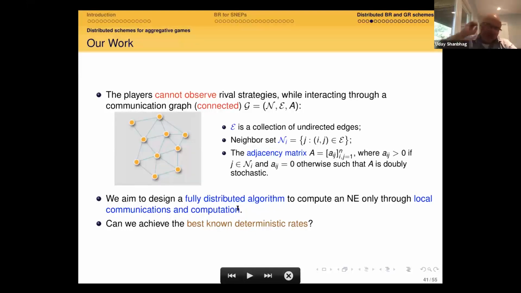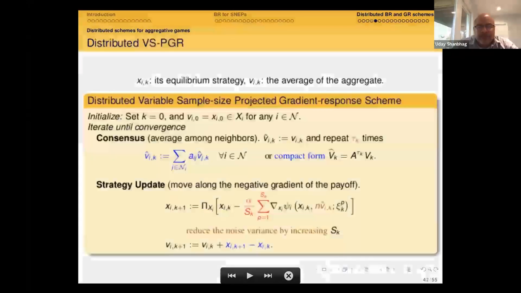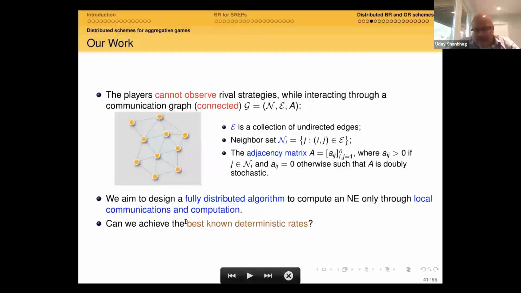If you remember in Lacra's presentation, she talked about how certain settings have access to a central coordinator that's able to, in some sense, dispatch dual solutions. We don't have that here. We work with a setting where players, through their own ability to communicate and compute, are able to reach a Nash equilibrium.